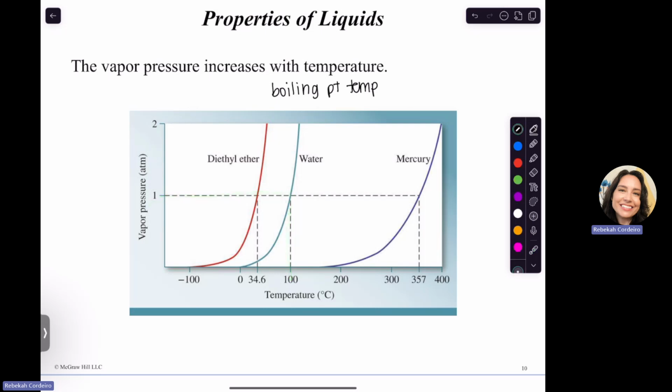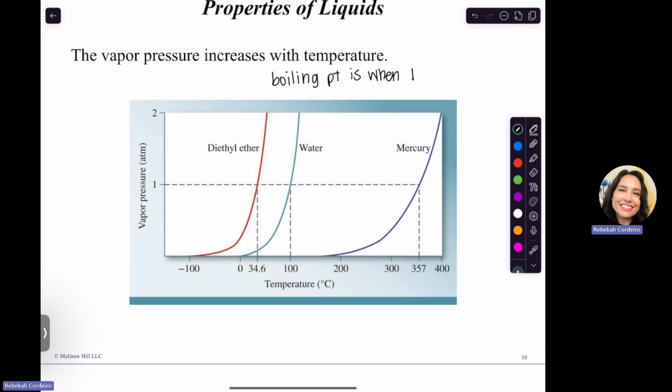So the boiling point is when the vapor pressure, P vap, is equal to the atmospheric pressure, P atm. So when the atmospheric pressure of 1 atm and the vapor pressure are the same, that is, when the vapor pressure line hits 1, that's when we have our boiling point. The boiling point is the temperature you're at when vapor pressure equals atmospheric pressure.